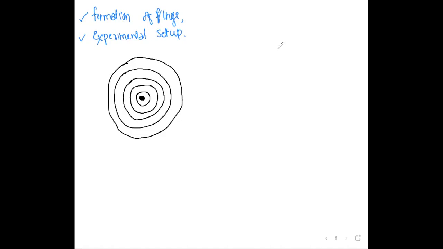Initially you have to calculate the least count of the traveling microscope. If it is a Vernier scale, total reading is equal to MSR plus coinciding Vernier division into least count is the formula.